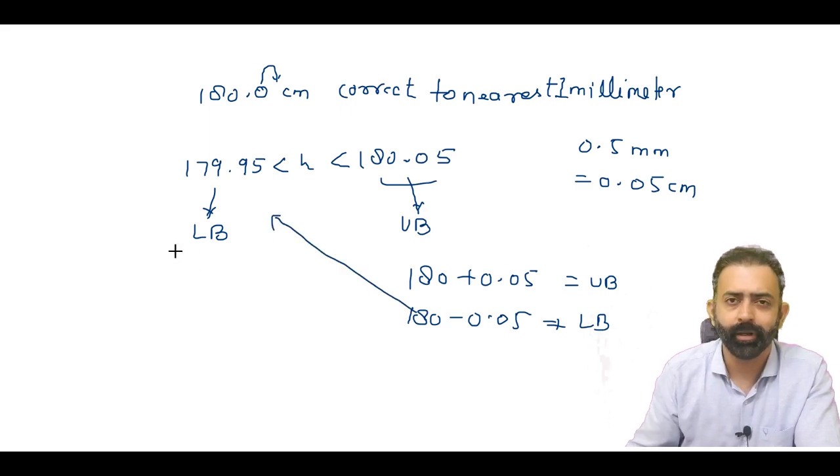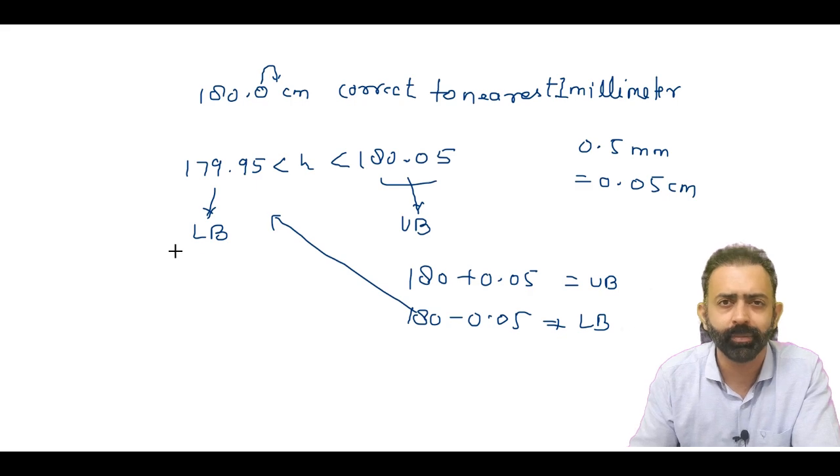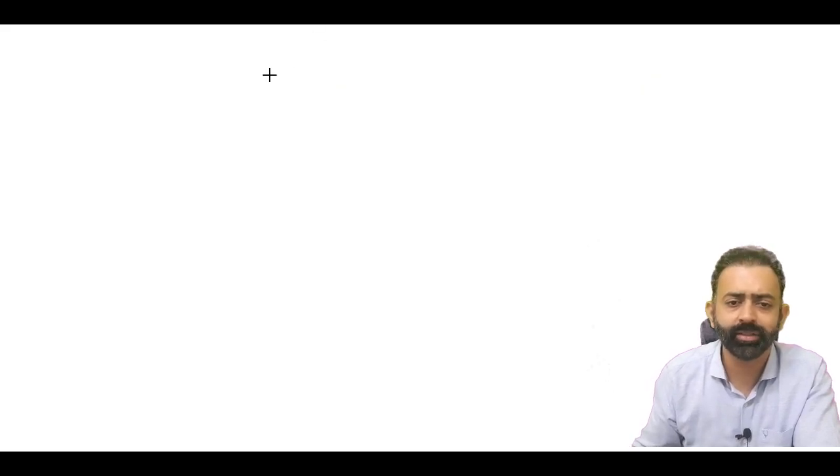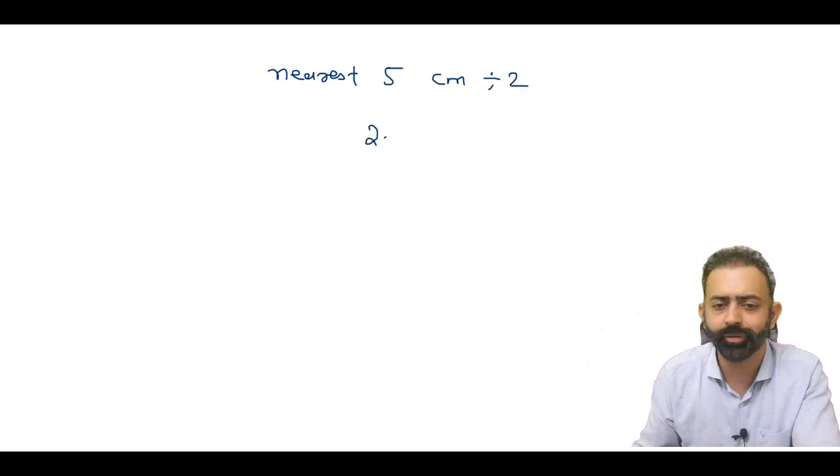Okay, let us take one more example. If the height is given as 180 centimeter, correct to nearest 5 centimeters. So correct to nearest 5 means you divide this 5 by 2. When we divide this 5 by 2, you get 2.5.